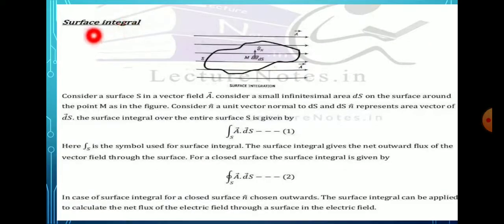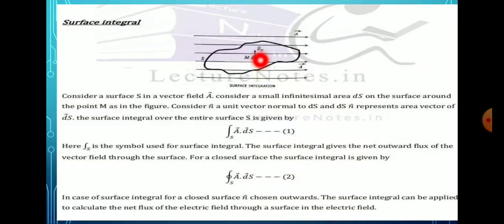Next is the surface integral. Consider the surface area S in a vector field A bar. The surface could be thought of as made of a number of elementary surfaces, such as ds.